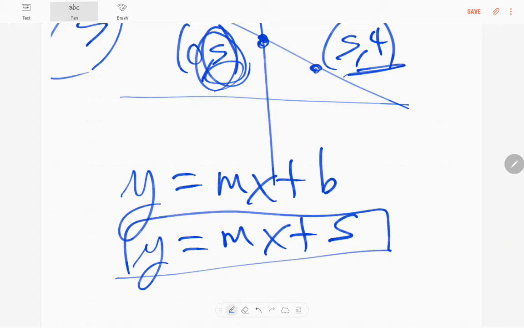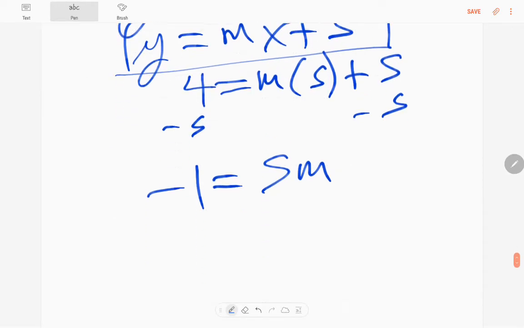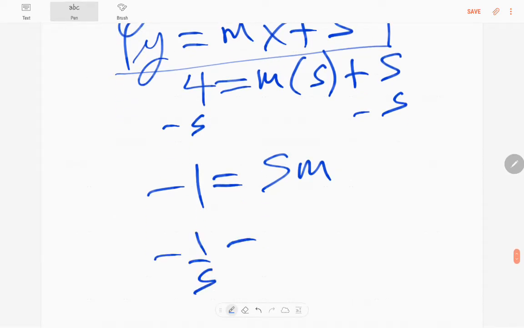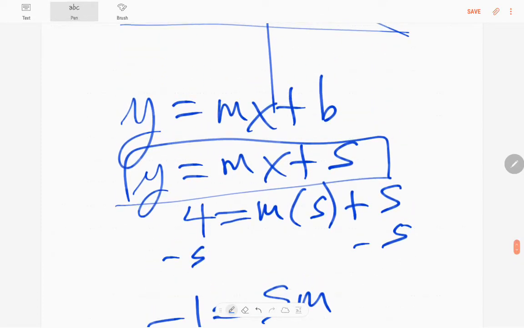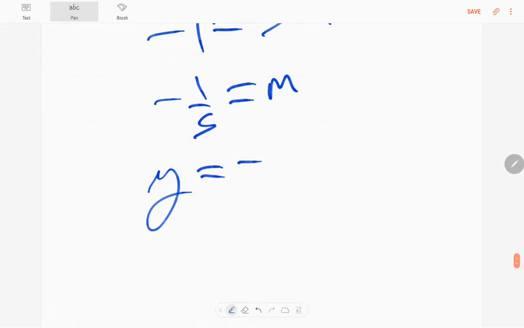So I'm going to replace the y with a 4 and the x with a 5. And I'm going to solve that thing for m. And when I do, it looks like I get -1/5. So my equation turns into y = -1/5 x + 5.